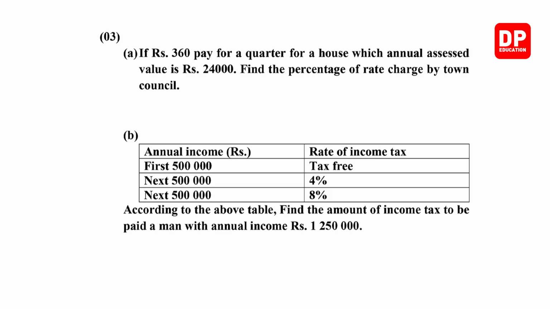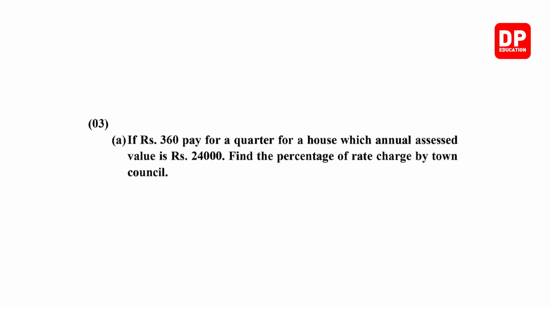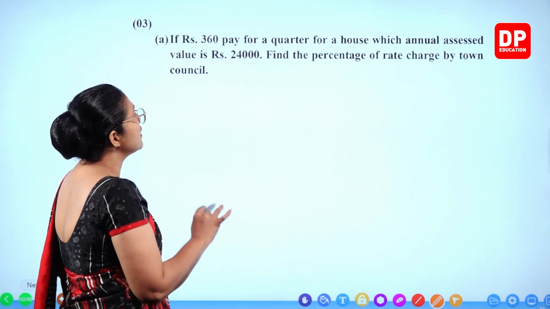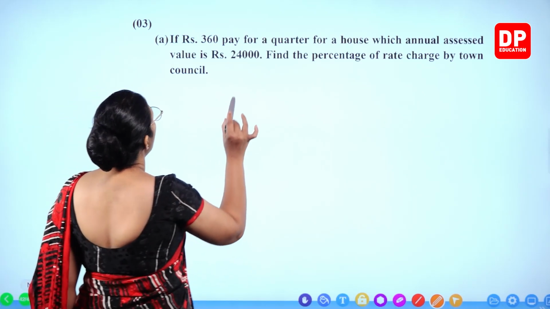Question number 3. So this is about percentages and income tax. If 360 rupees pay for a quarter for a house which annual assessed value is 24,000 rupees, find the percentage of rate charged by town council. So 360 is the quarter value.